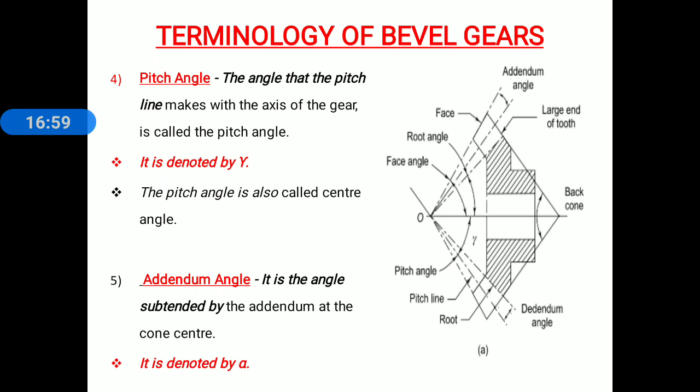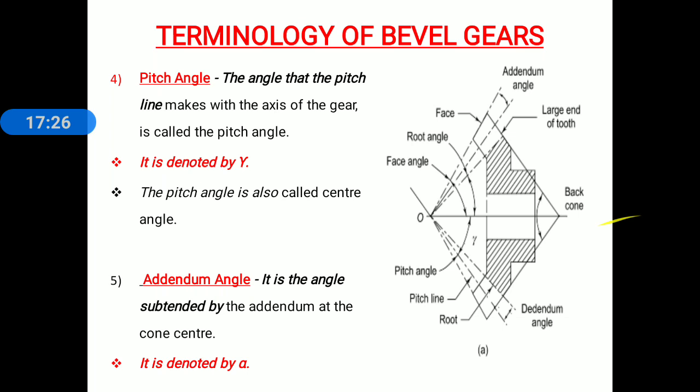Fifth parameter in terminology, addendum angle. It is the angle subtended by the addendum at the cone center, and it is denoted by letter alpha. In this sketch the addendum angle is clearly mentioned.